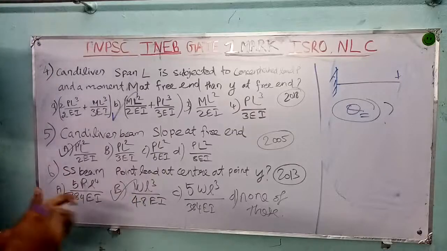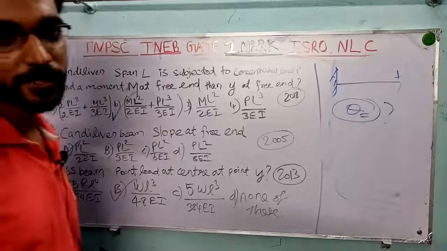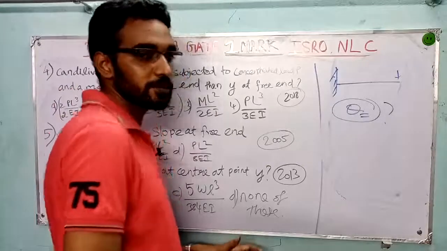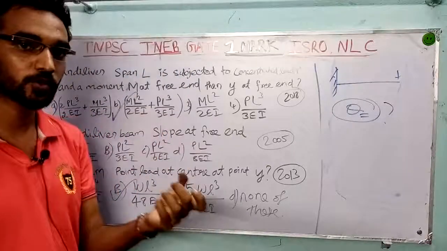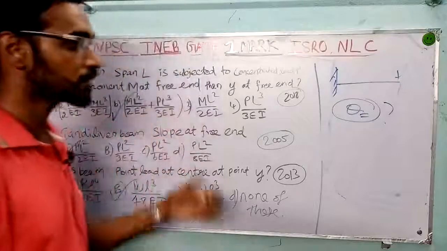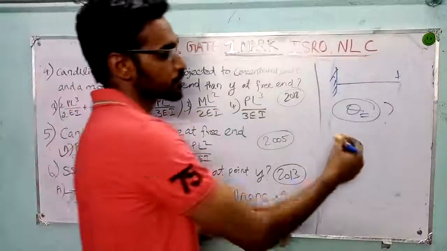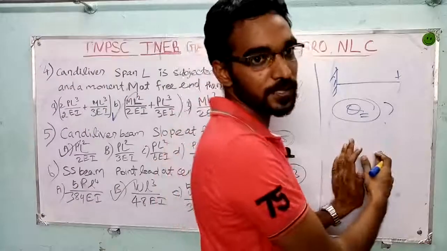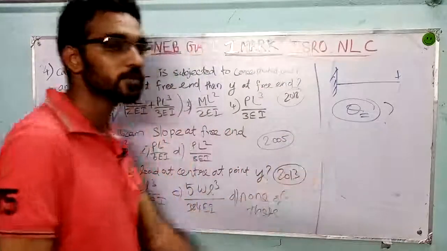If you are going for the TNEB AE exam, the time given is only 2 hours. Within 2 hours we cannot solve using all 6 methods, it will be time taking, so you will lose marks.